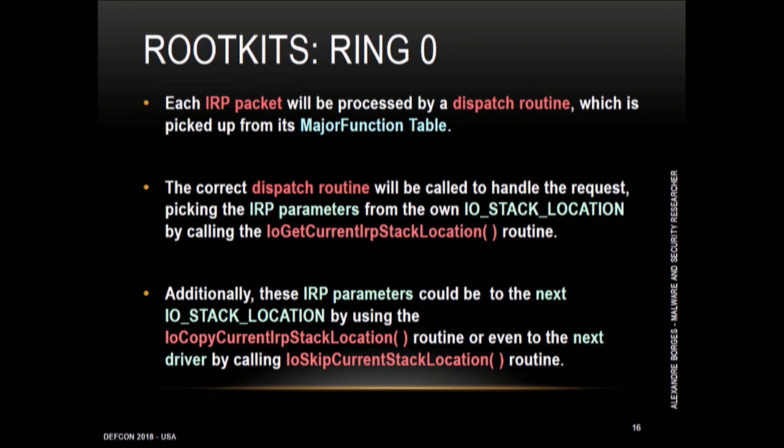The IRP parameters are retrieved from the IO stack location by using this function, IoGetCurrentIrpStackLocation. Additionally, it's possible to pass down the IRP parameters to the next layer by using IoSkipCurrentIrpStackLocation, or copy them by using IoCopyCurrentIrpStackLocation.